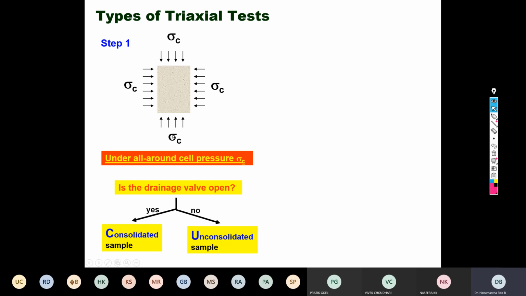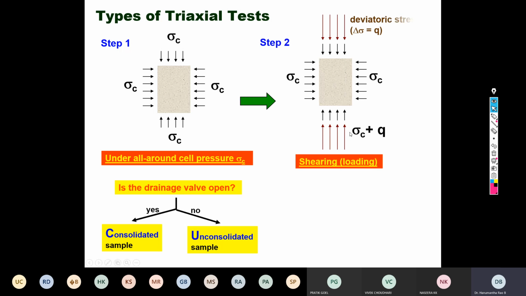If you open the valve, during the consolidation process the soil particles readjust, so the cohesion value decreases and the friction value increases. So depending upon the drainage valve being opened or closed, we can say the sample is consolidated or unconsolidated.